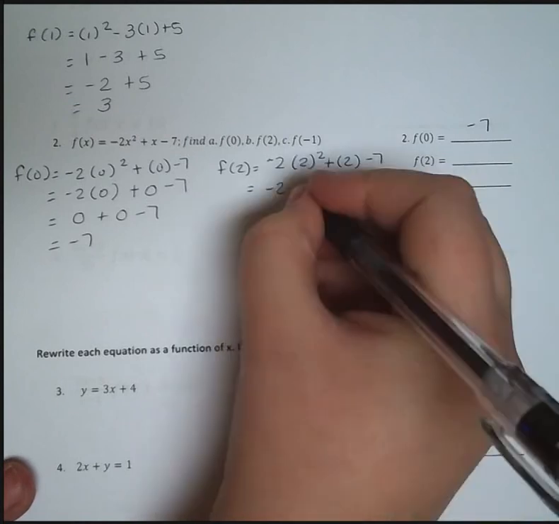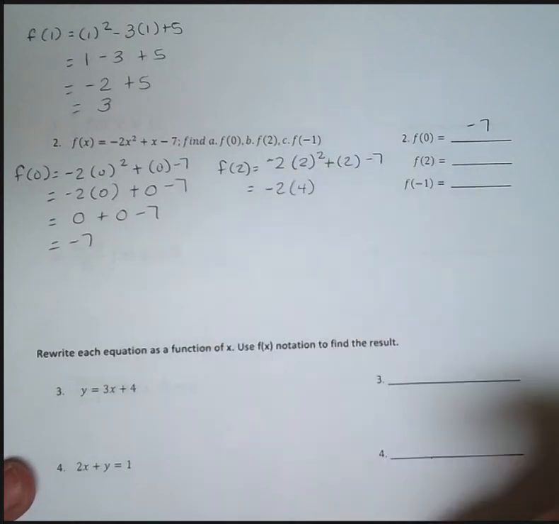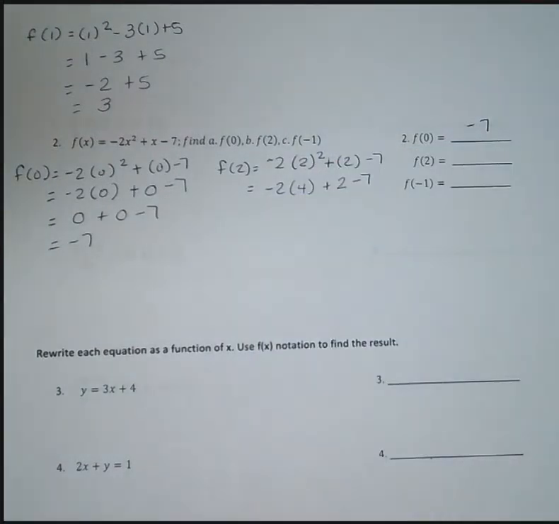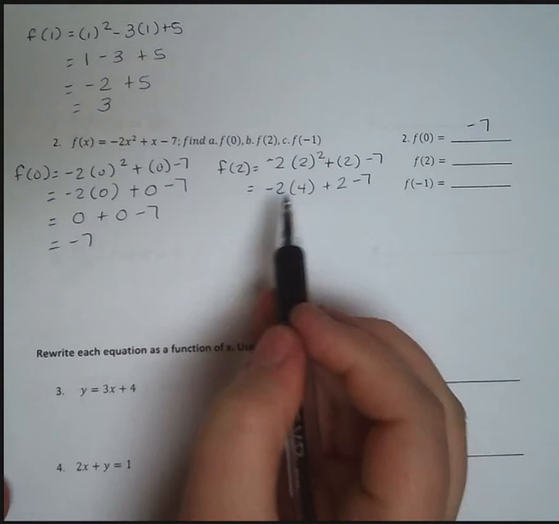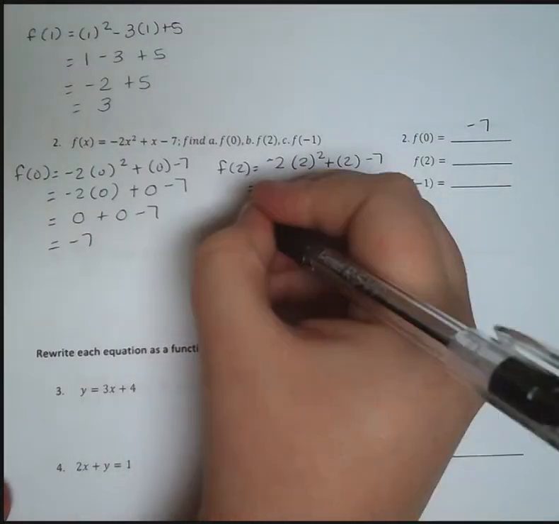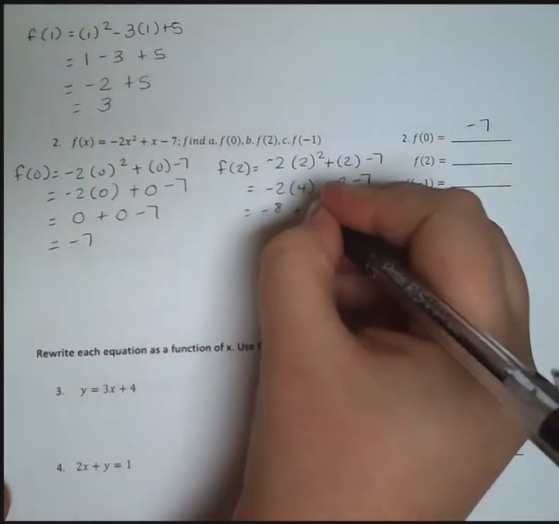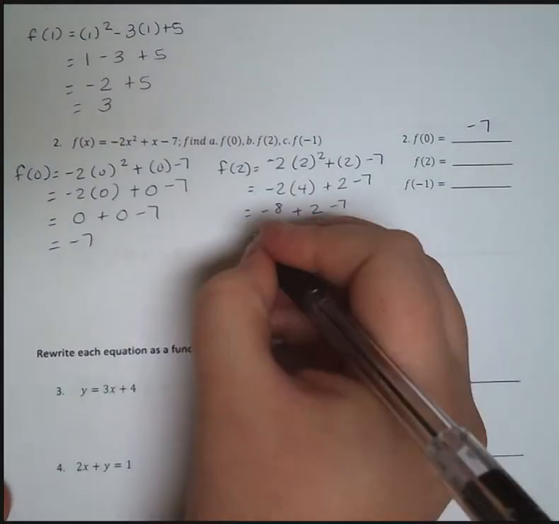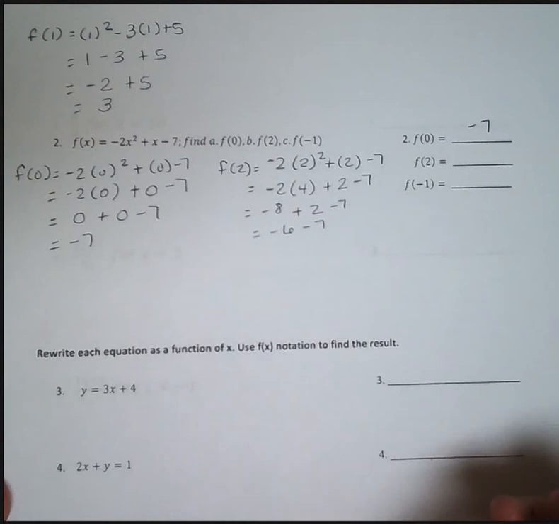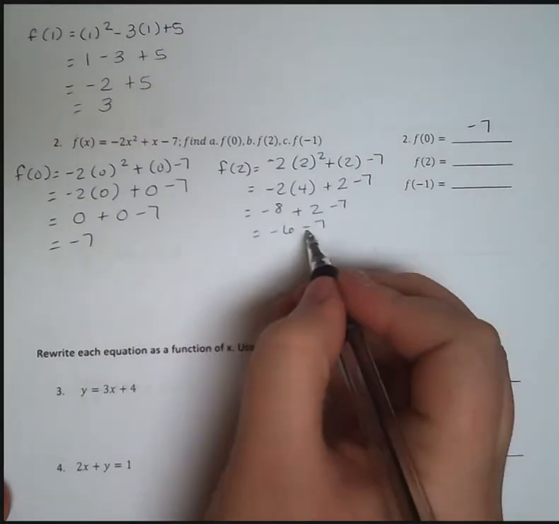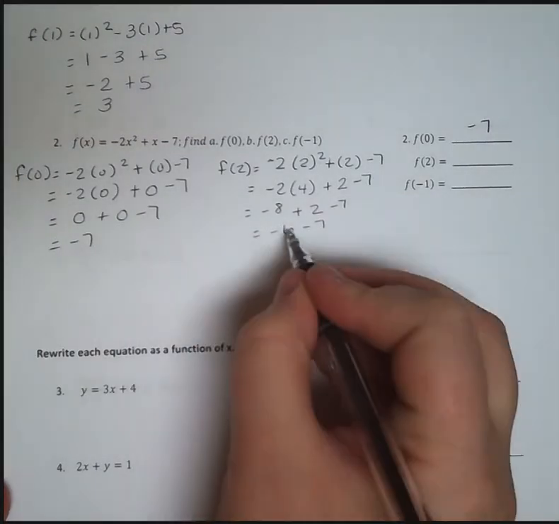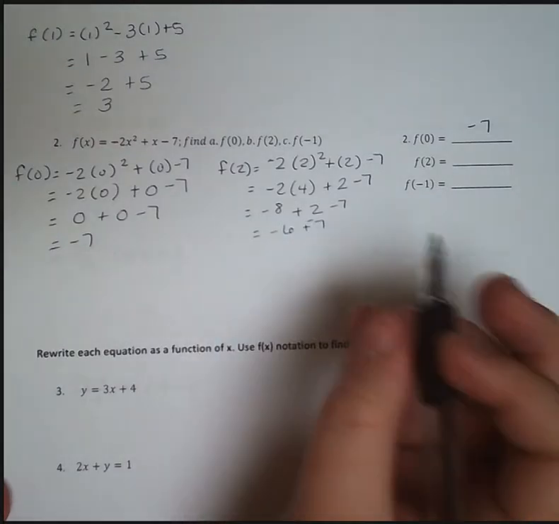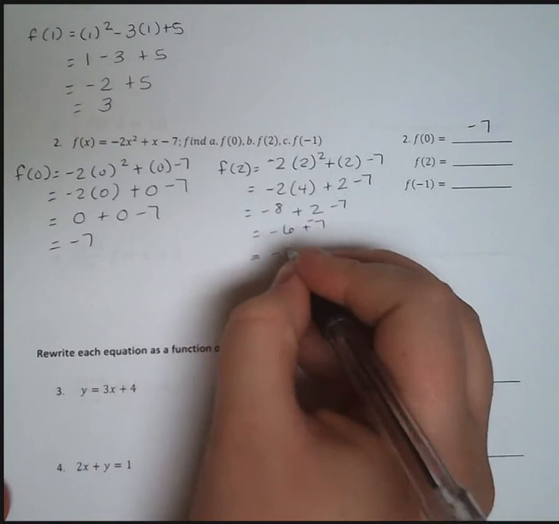So 2 squared is 4 plus 2 minus 7. So -2 times 4 is -8. -8 plus 2 is -6. And -6 minus 7, remember, keep, change, opposite, that leaves us with a negative 13.